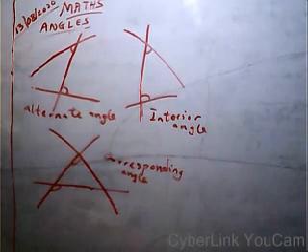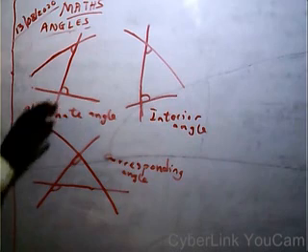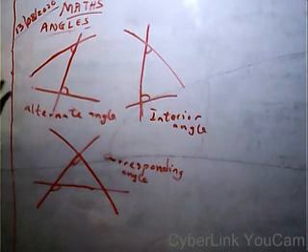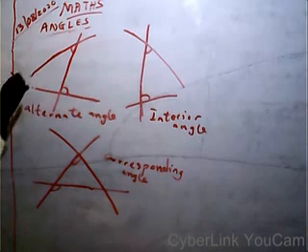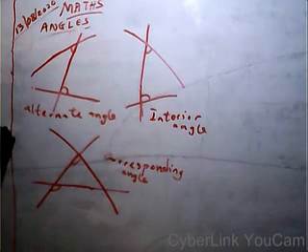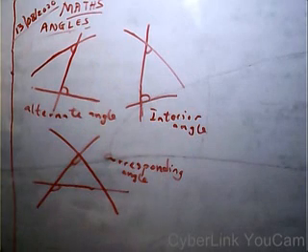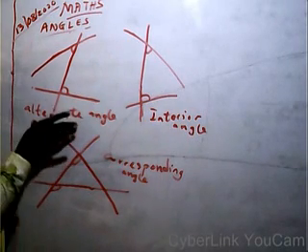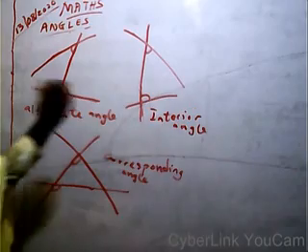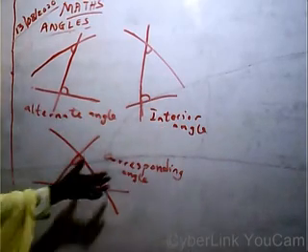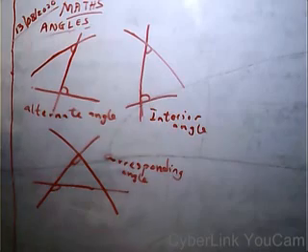But the lines here have no arrows, and if you look at the shape of the lines, this line will meet. Therefore, these are not parallel lines. But our alternate angle can be formed, our interior angle can be formed, and our corresponding angle can be formed.